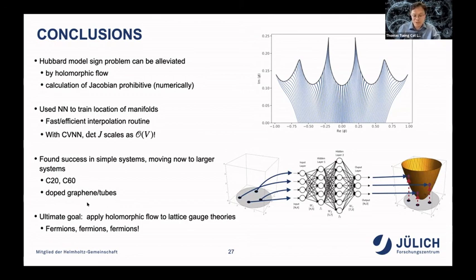Ultimately, believe it or not, we want to apply this to lattice gauge theories. The takeaway message I want to say here is that a lot of the studies up to now have not really included fermions. From our experience, fermions are going to make the system much more challenging and at the same time, much, much more interesting to look at.